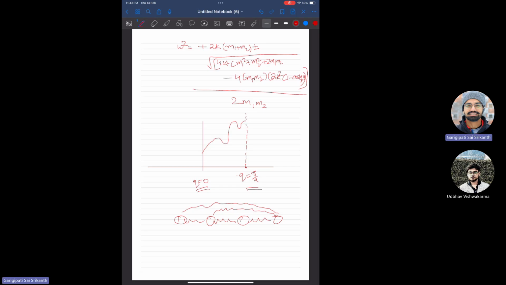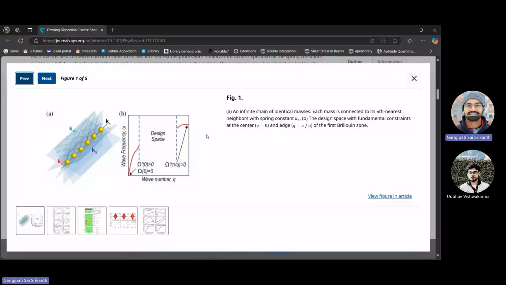Share this window. Can you see? Wait, can you see something? Nothing. Okay, I think I'll share. Share this window. Sharing. Now I can see.